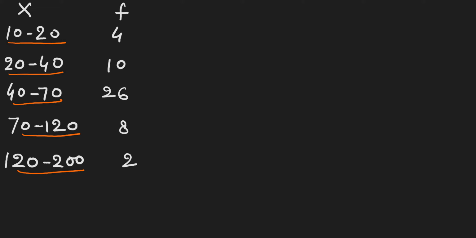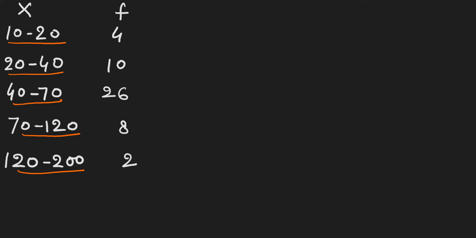So there is a difference in the class widths. The gap between the upper limit and lower limit of a class interval is different in every class interval. So this is what we call unequal frequency distribution.